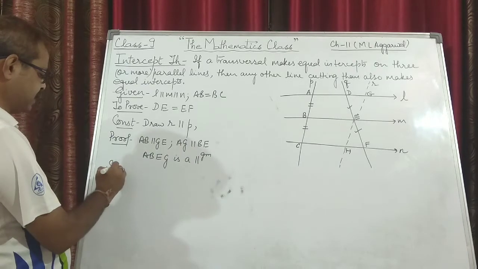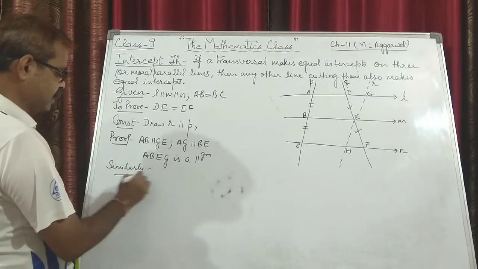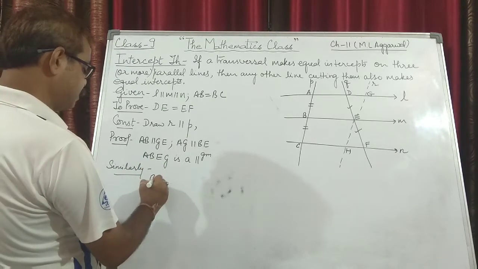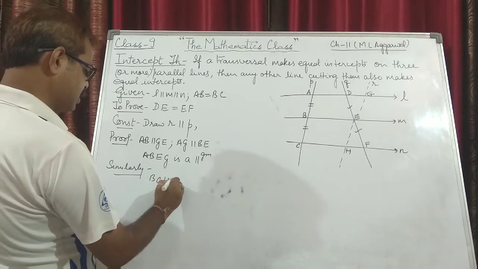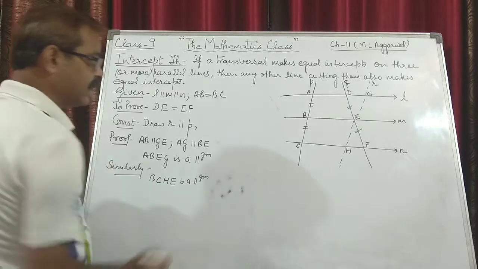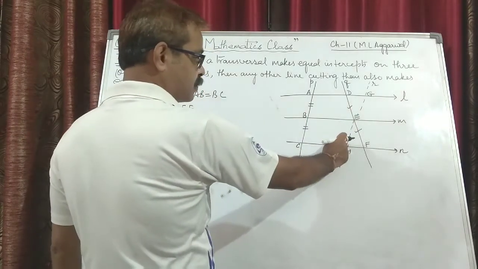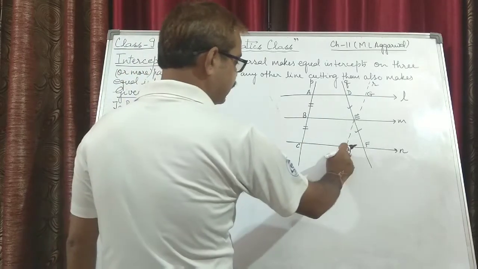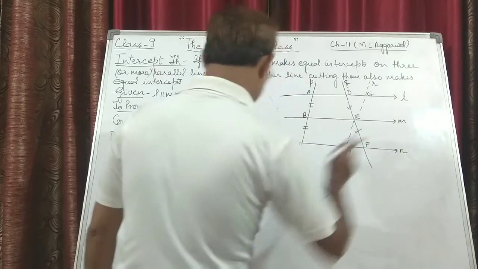Similarly, we can say that BCHE is a parallelogram. Why? Because BC is parallel to EH because of construction, and CH is parallel to BE because M and N are parallel lines.